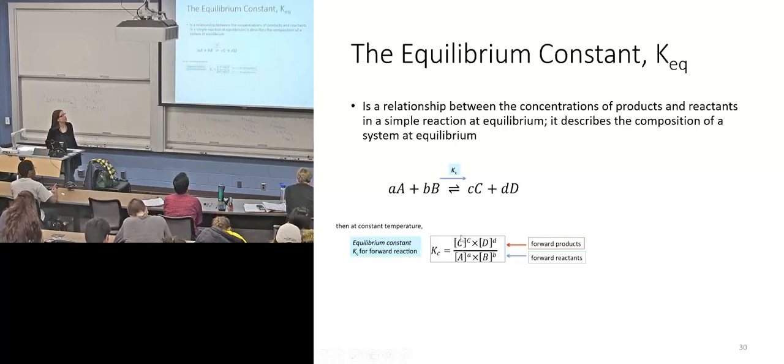So once equilibrium is reached, it's the concentration of C raised to the stoichiometric coefficient for C, times the concentration of D raised to the stoichiometric coefficient of D. If you had some third product, E, that would also be on the top. So for the forward reaction, these are your forward products raised to their stoichiometric coefficients divided by the forward reactants raised to the reactants' coefficients.